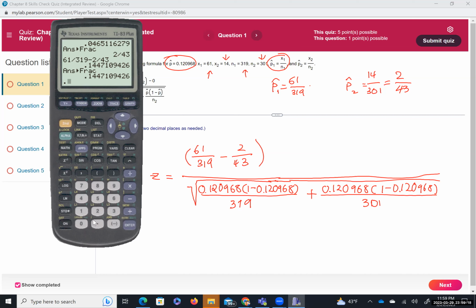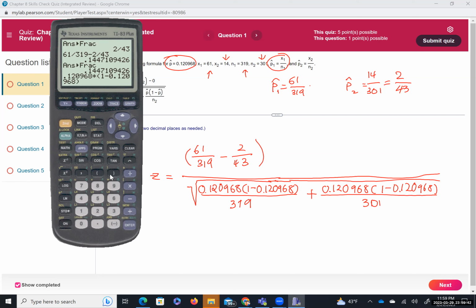So 0.120968 multiplied by 1 minus 0.120968.